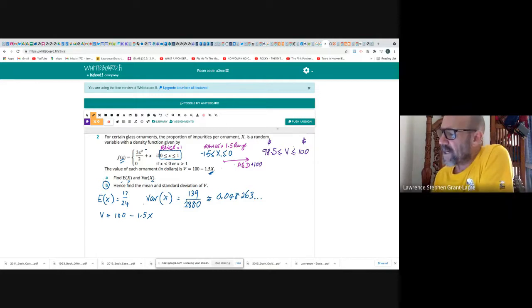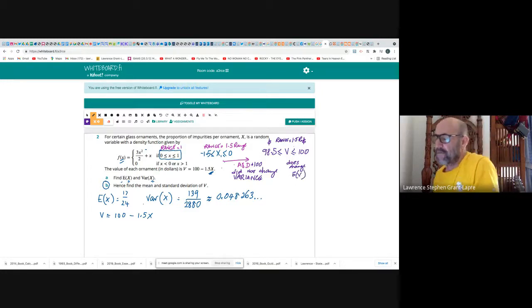This is a very small range, and the range is still only 1.5 times our original range. So adding 100 did not change the range, did not change the variance. But multiplying by 1.5 does change the variance. Adding 100 does change the mean. It does change the expected value of V, but it does not change the variance.